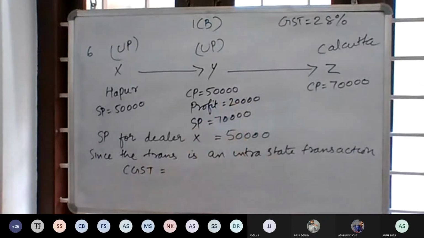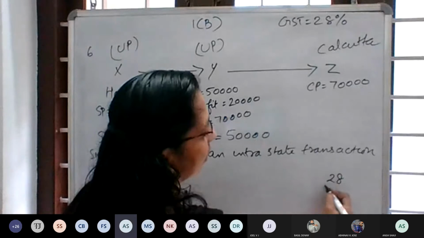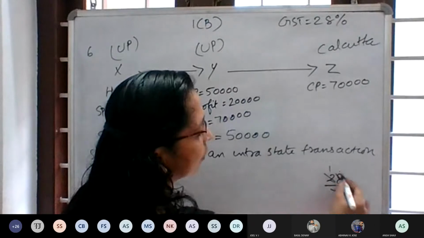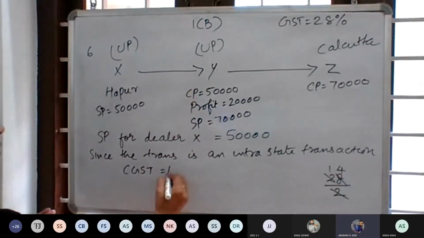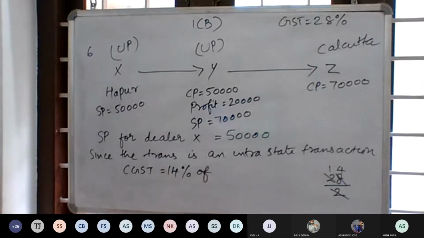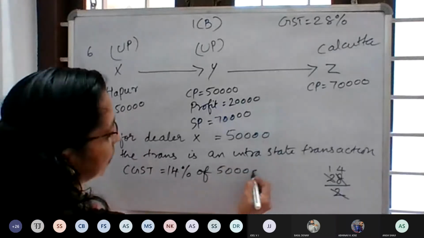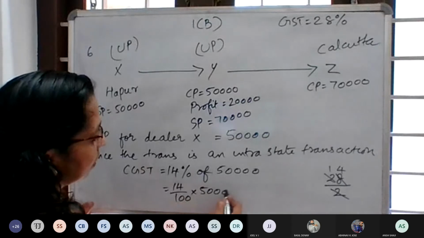So half of 28 is 14. 14 percentage of which one? 50,000. Okay, 50,000. So 14 by 100 into 50,000.